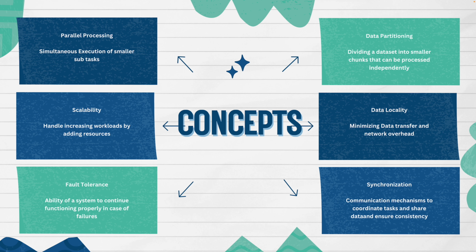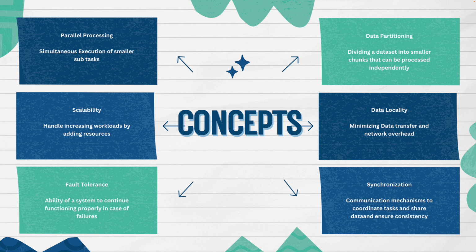Now, if you are dealing with multiple nodes in a cluster, there's a possibility that there can be failures as well. So fault tolerance as a concept is the ability of a system to continue functioning properly in the presence of errors or hardware or software issues. In distributed computing, it becomes critical due to the distributed nature of the system, where individual nodes or components may fail independently.